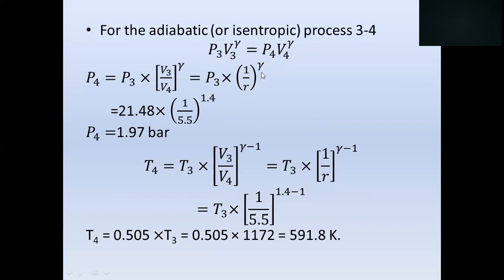So 1 divided by R the whole power gamma. The value for P3 is 21.48 and the value for compression ratio is 5.5. So substituting all the values, you get P4 as 1.97 bar.